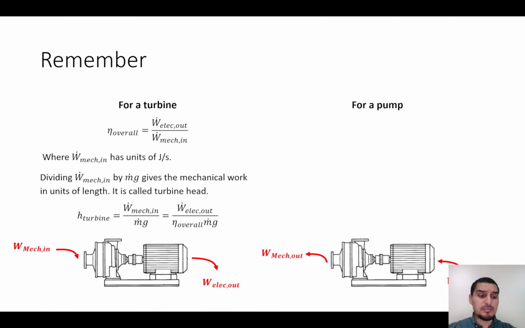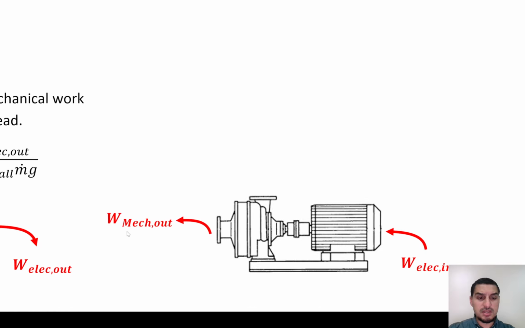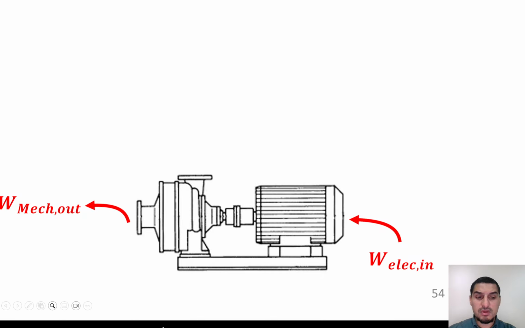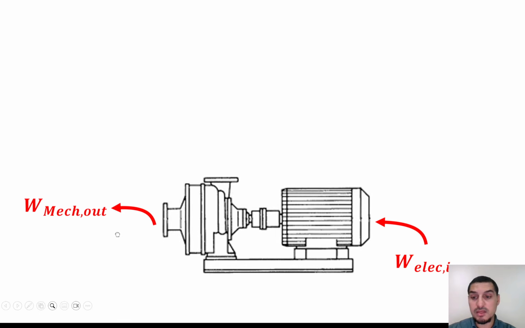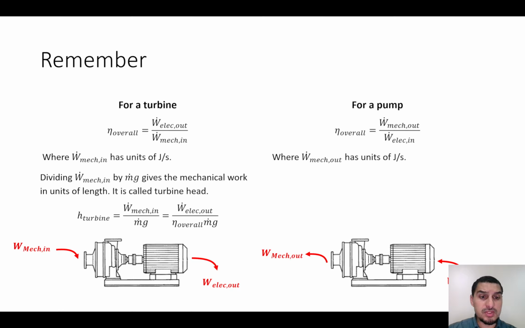Same thing for a pump. A pump is the same as a turbine, but as I hope it's clear here, this is electric work going in and mechanical work going out. So we're going to do the same thing. The efficiency is the out over the in, which is mechanical work out over the electric work in, and both have the units of power, which is joule per second.